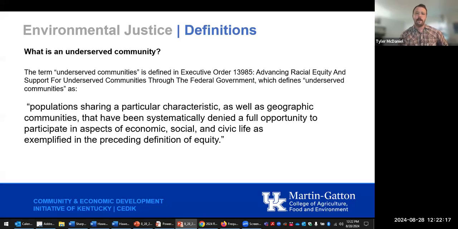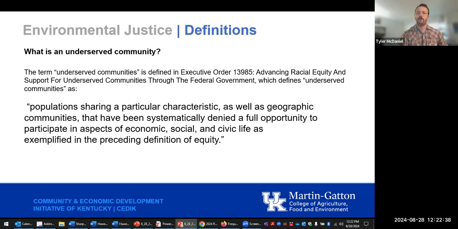And thinking about these ideas of underserved communities, of sensitive populations, of disadvantaged communities, and how we define those things, right? And once again, getting back to what I alluded to earlier, how do you even know if you are an underserved community or a disadvantaged community?